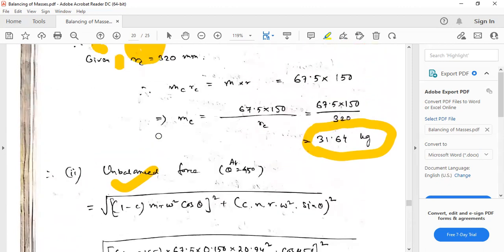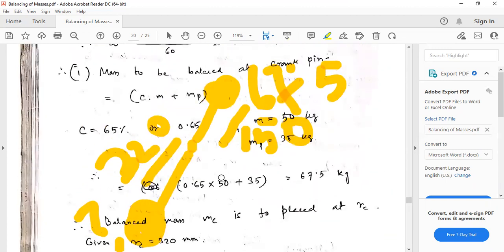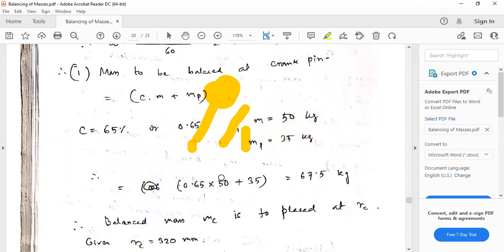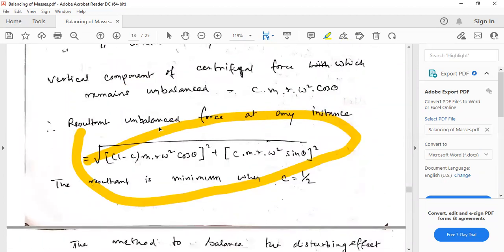Now this M is not Mc, okay? This is the mass that is to be balanced. By combining both reciprocating and rotating mass, we get the total mass to be balanced, 67.5. This mass to be balanced means it remains unbalanced; we have not balanced it.